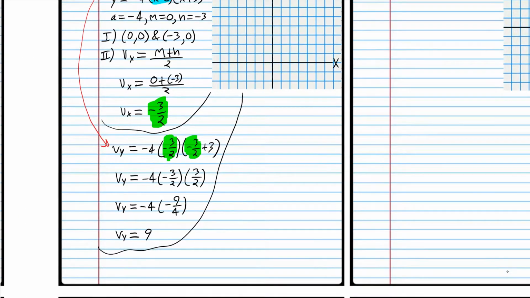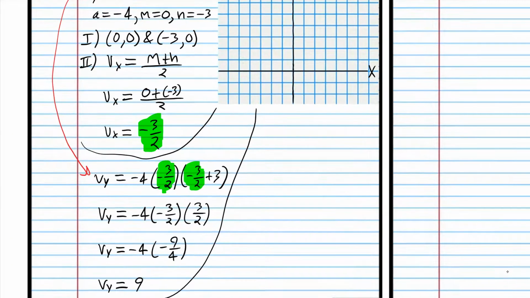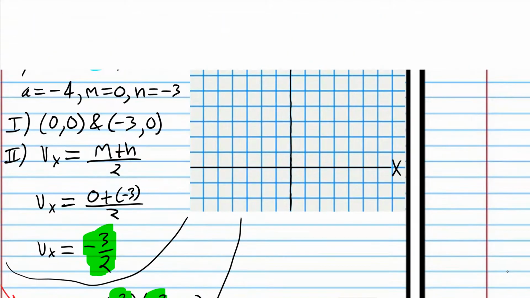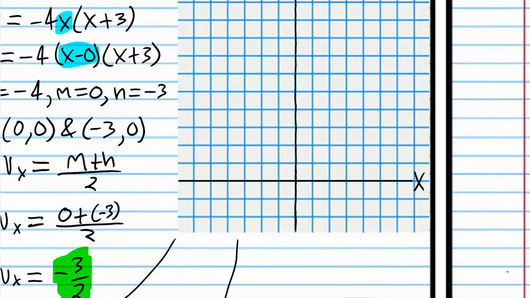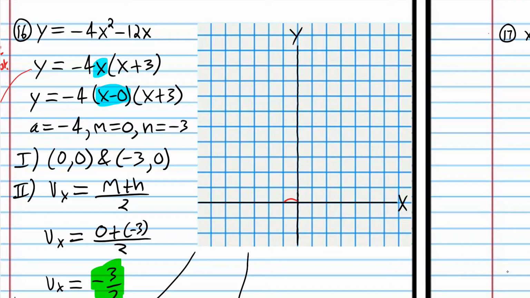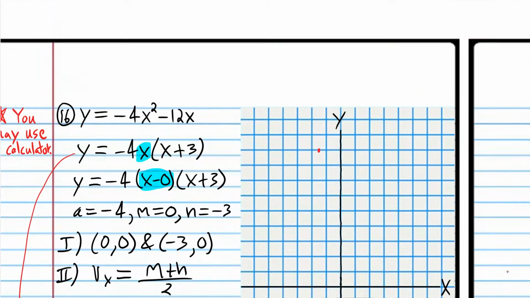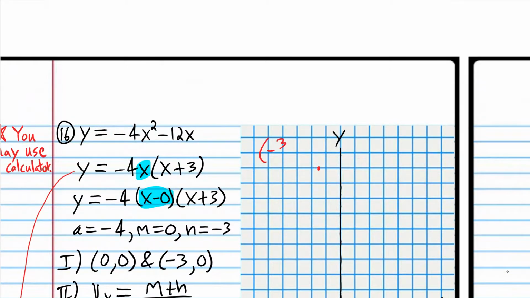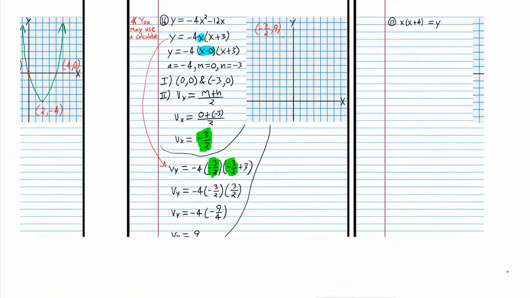So now the y value of the vertex is 9, so we have negative 3/2 and 9. So negative 3/2 is going to be about there because that's 1.5, and then 1, 2, 3, 4, 5, 6, 7, 8, 9. And this is going down. And we already have the x-intercepts.